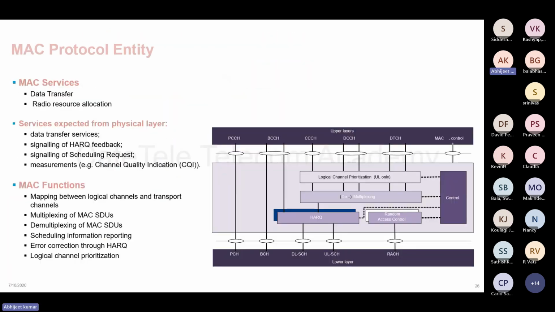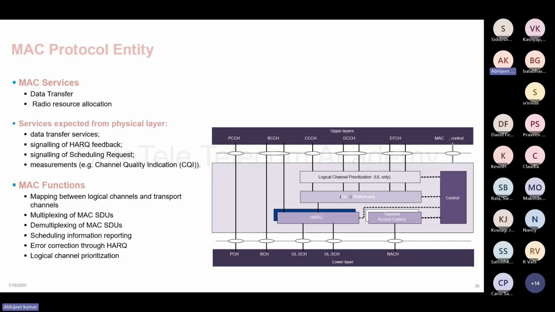And the last one is called the MAC layer. What is the MAC layer? The MAC layer is basically the medium access control, and we use it for different purposes. The MAC layer is responsible for data transfer between the physical layer and the higher layer in both uplink and downlink.